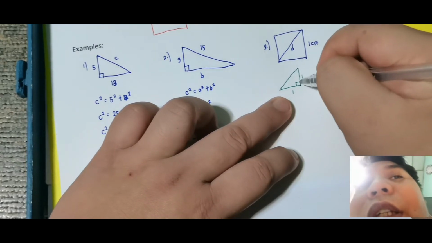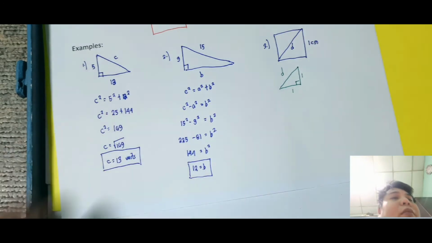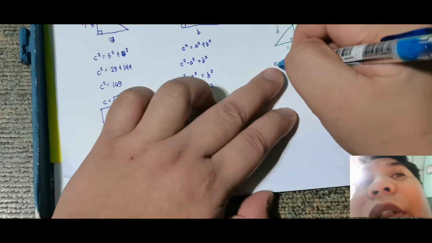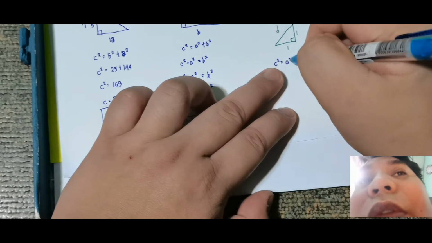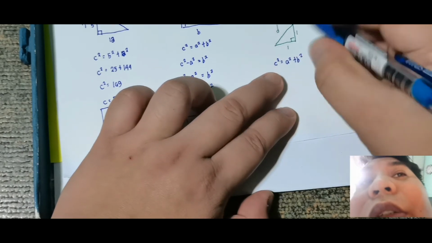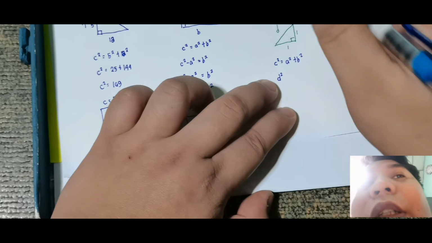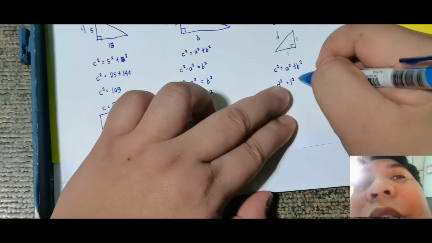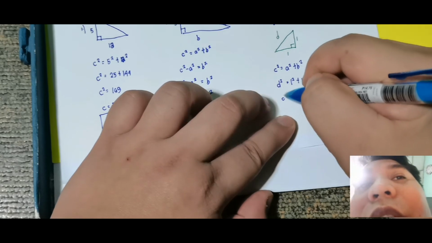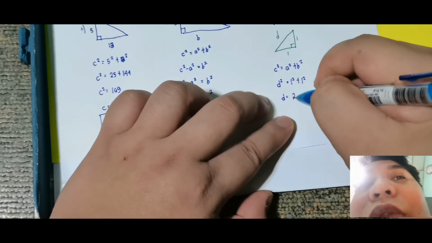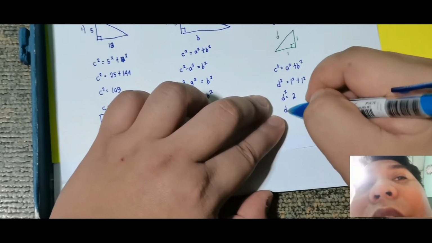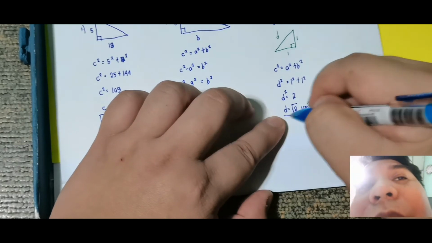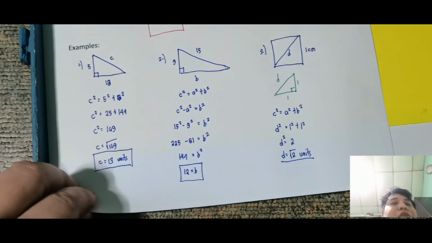Tapos ito yung 90 degrees. Ito yung D, so meaning hypotenuse yung nawawala. Mula sa C squared is equal to A squared plus B squared, si C squared magiging D squared, kasi D yun. So D squared is equal to 1 squared plus 1 squared, which is 2. So D is equal to the square root of 2 units. Ayun yung kanyang sagot.